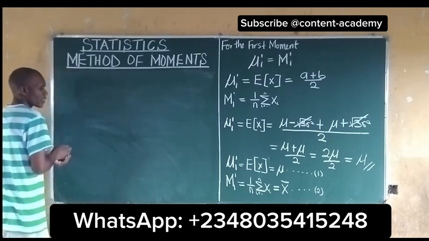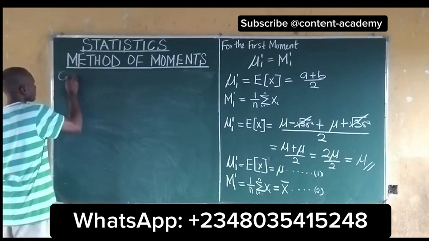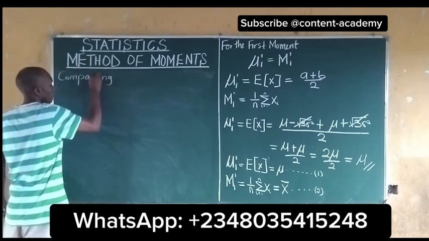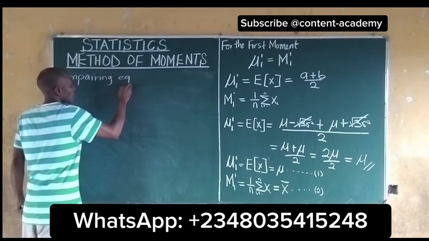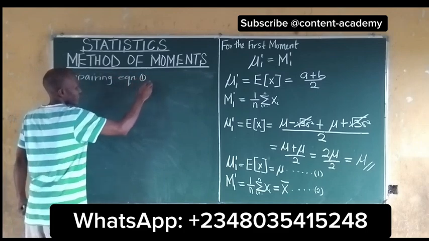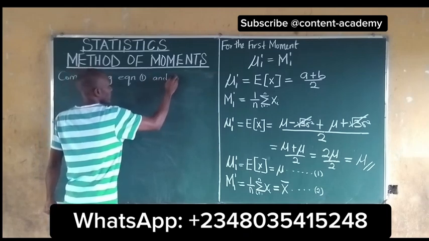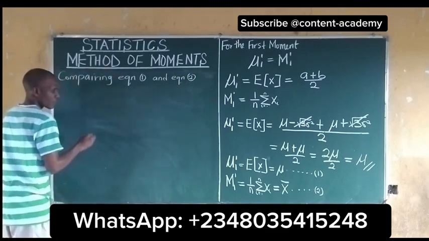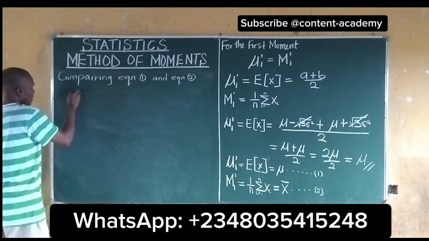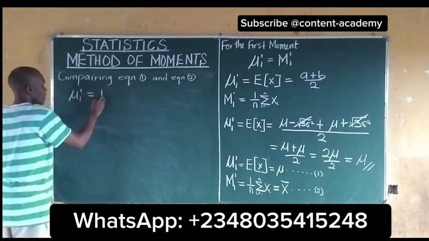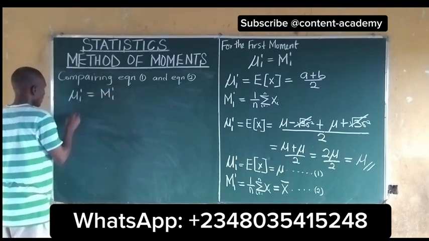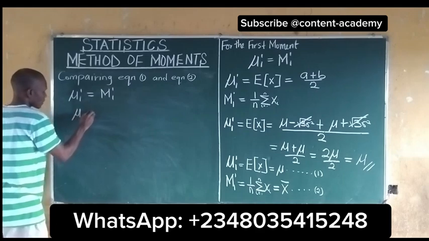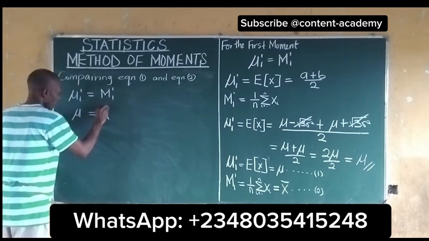So we say, comparing equation 1 and equation 2, we now have that our population mean is equal to our sample mean, and it then means that our mean is equal to x bar.